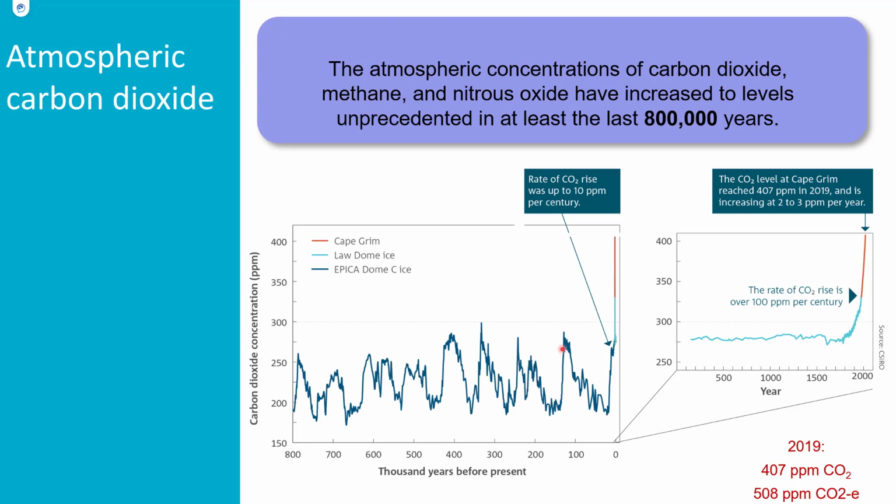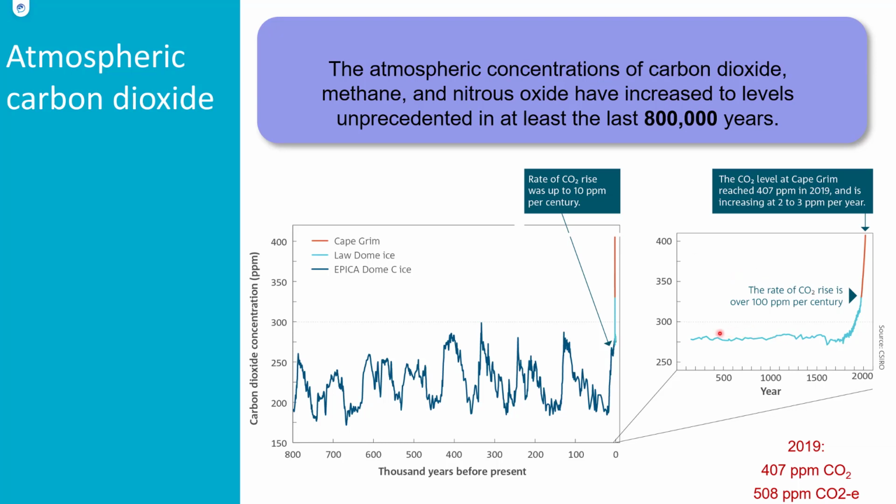ice age cycles. And then right at the end of this trace, in the last 100 years or so, the levels have gone up and then just skyrocketed. And if we zoom in, you can see this.